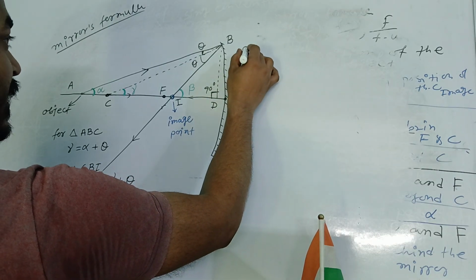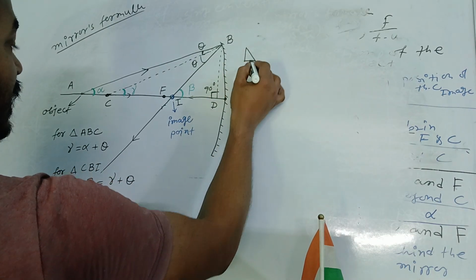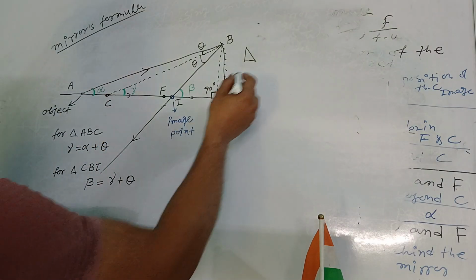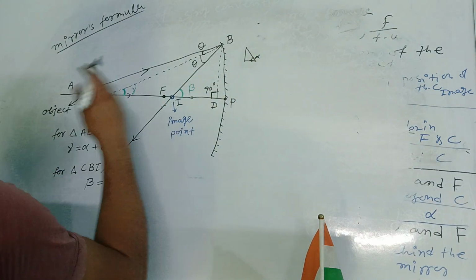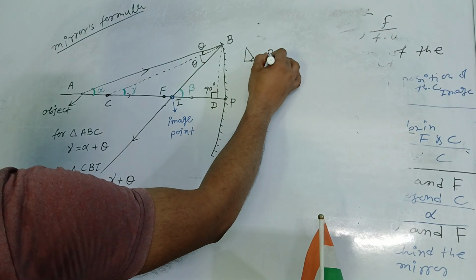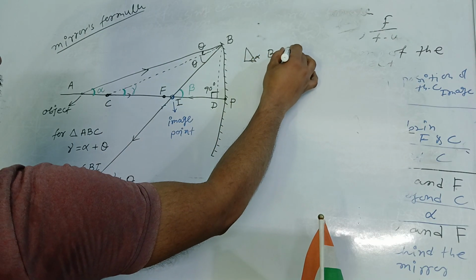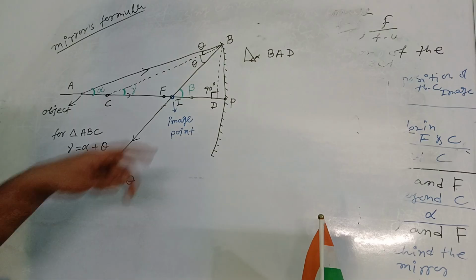It is a right angle triangle. Let me take the alpha. This angle is alpha. So in triangle BAD, here this angle is what?